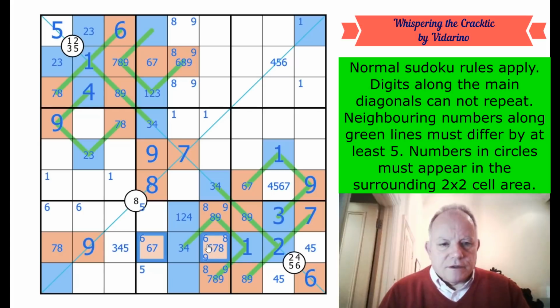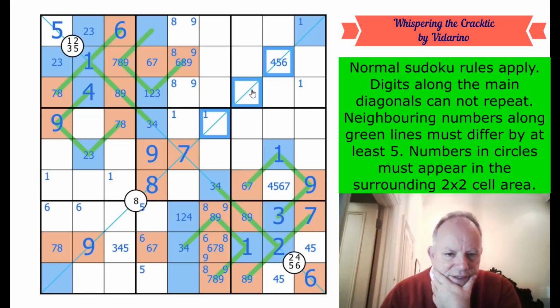6 we know is in one of those cells. One of these has to be 6, I discovered earlier. Yeah, this is interesting. I just don't know enough. I've used the quadruple clues completely.